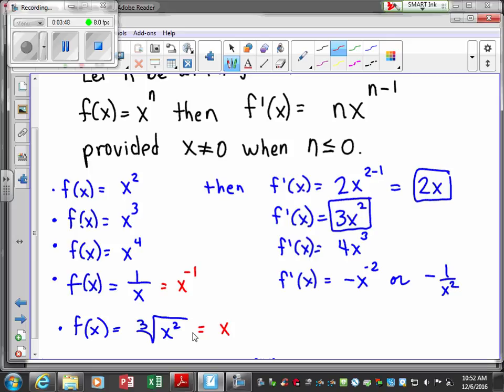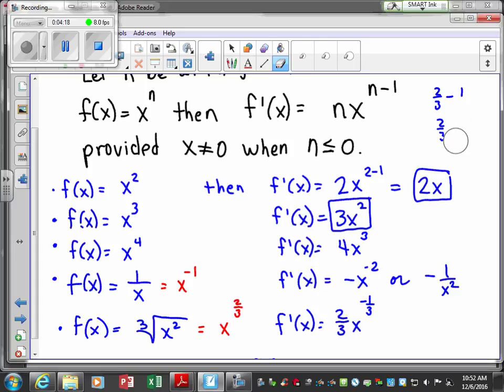To the 2/3 power. Good. Okay, now if I take the derivative of x to the 2/3, I'm going to have f prime of x. That's just going to give me 2/3 x, and then I do 2/3 minus 1. So off to the side, 2/3 minus 1 is 2/3 minus 3 over 3, which would be negative 1/3 power.